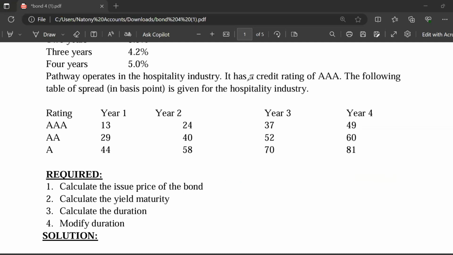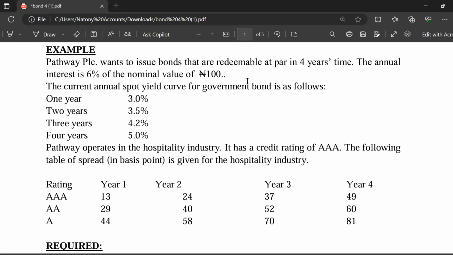Going back to the question, the interest on the bond is 6%. The company is going to be paying interest of 6% annually, or we can say the investors will be receiving interest of 6% annually. And at the end of the bond tenure, they receive their principal repayment, which is the nominal value of 100.